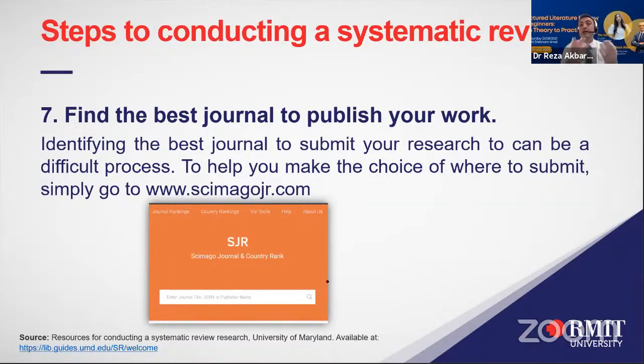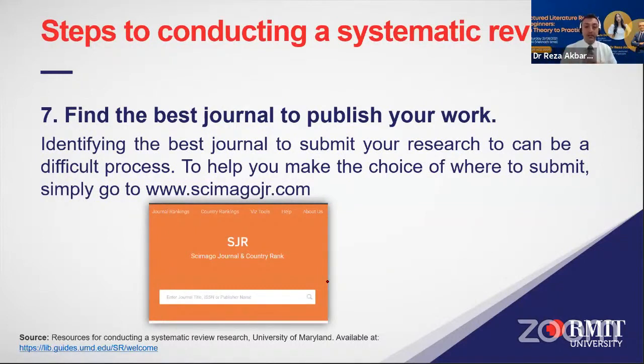You definitely need to go to the journal and say, okay, this is where I'm going to publish my paper, and try to find at least a couple of papers from there to see how they write, how they structure it, and what components are needed to be able to publish. So this step is also really important. Remember, not all journals publish systematic reviews.